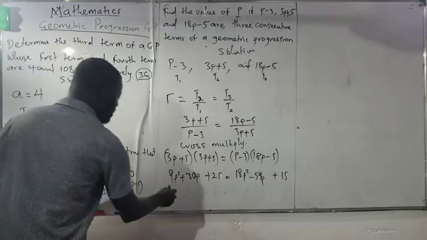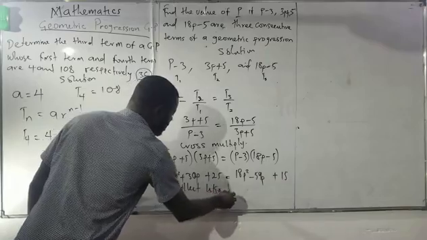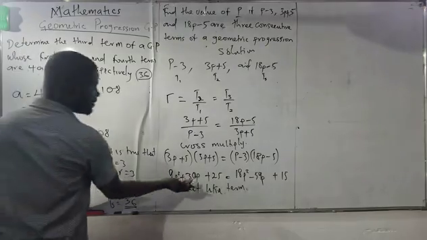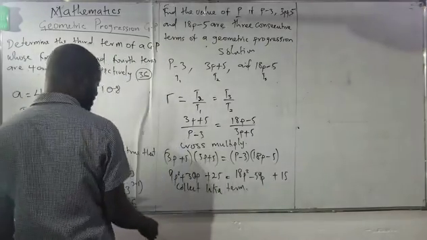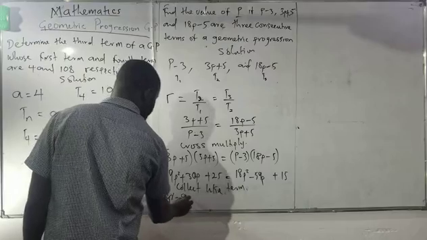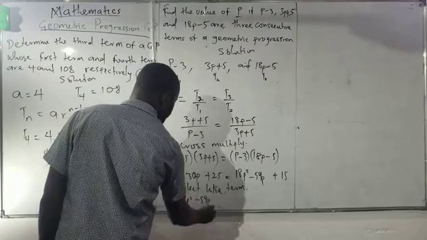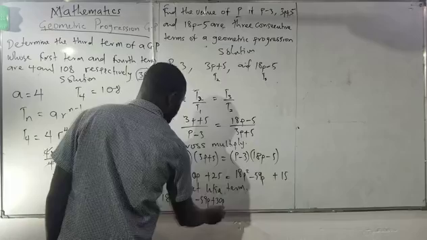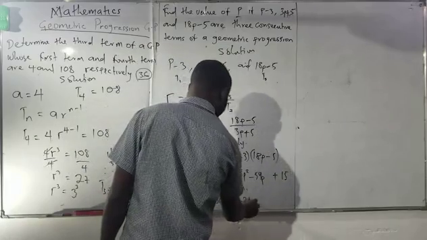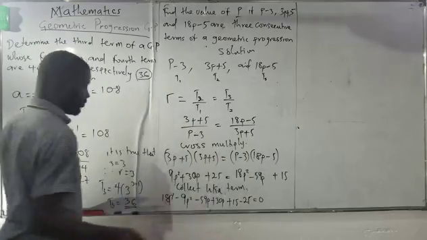Now, when I collect like terms, I will be having 18p squared minus 9p squared, minus 59p plus 3p squared... plus 15 minus 25 equals 0. This goes to the other side.